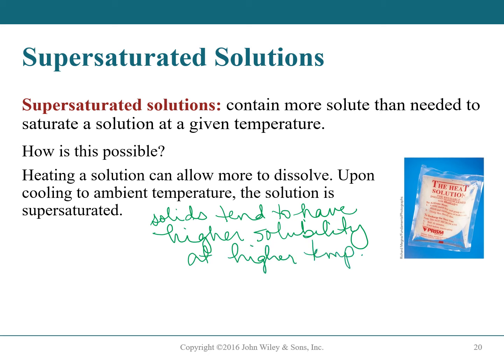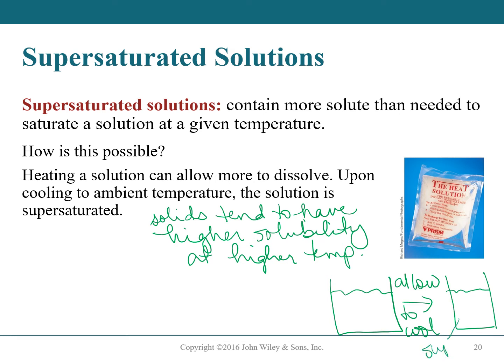So if I heat my solution, that means that I can actually dissolve more solute. Now once you do that, then you allow it to cool. And when you let it cool, if there's no way for my solute to come out, then this is supersaturated.